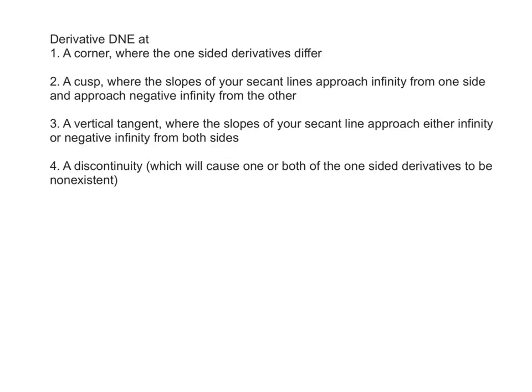F of x is equal to negative 1 if x is less than 0, and positive 1 if x is greater than 0. Piecewise function is discontinuous at x equals 0.